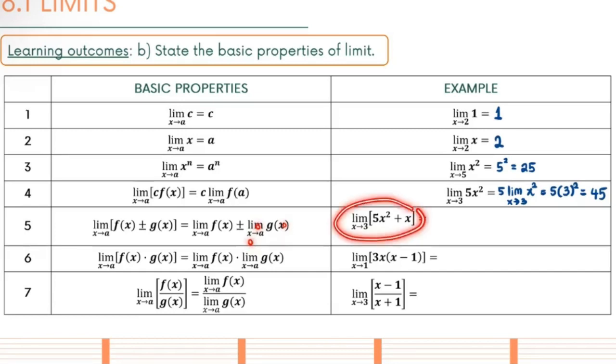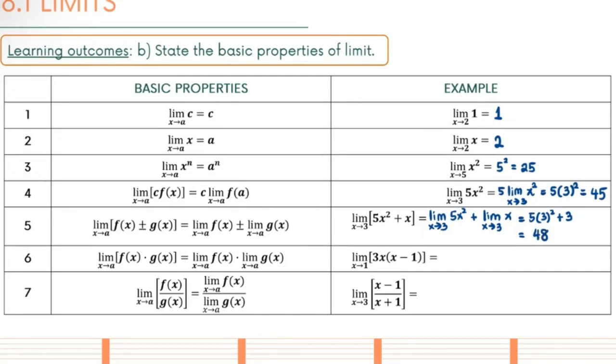So maksudnya ini saya boleh pecahkan dia kepada limit of 5x squared as x approaching 3 plus limit of x as x approaching 3 juga. So bila kita selesaikan, kita akan dapat berapa ya? 5 darabkan dengan 3 squared tambah dengan 3. So tadi 45 kan? Ini kita dapat 45 tadi kan? So 45 tambah 3 dapatlah 48. Okay.